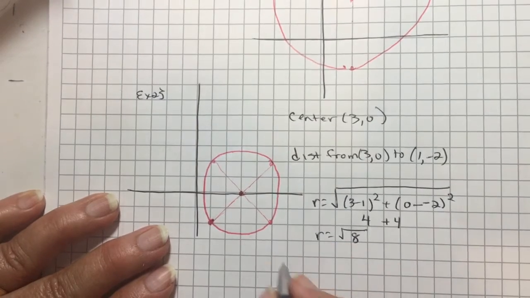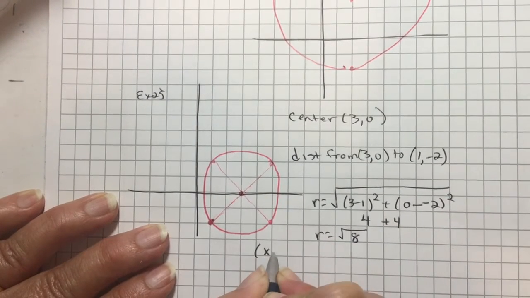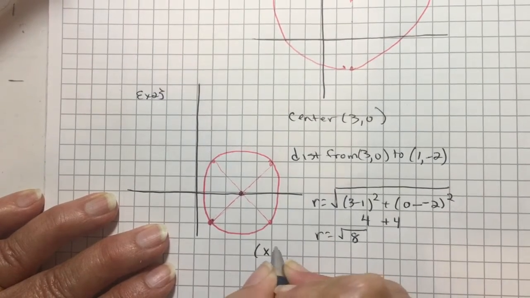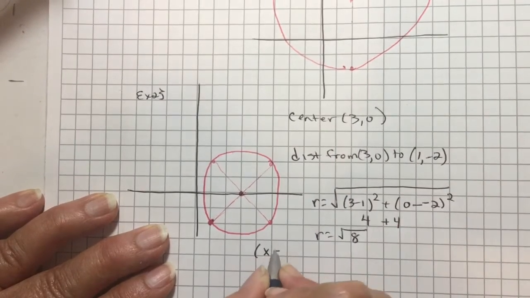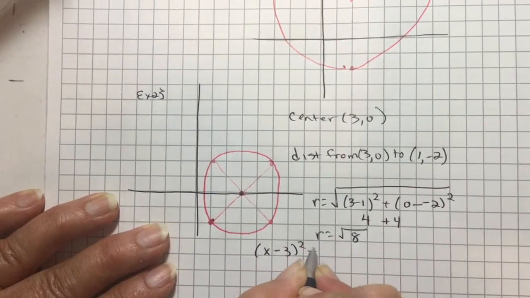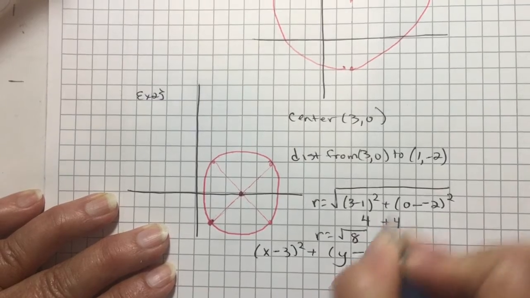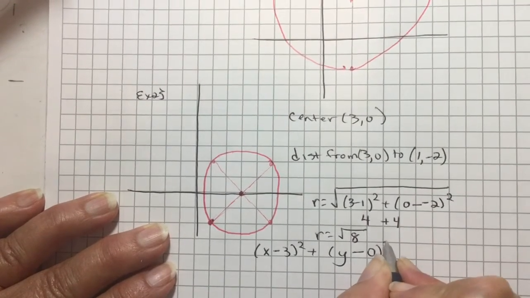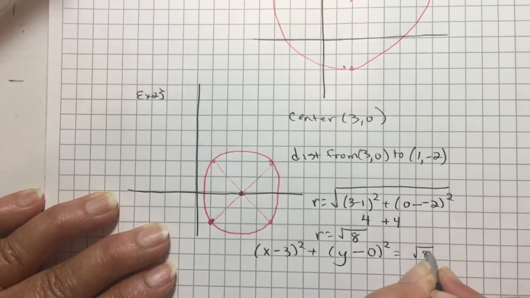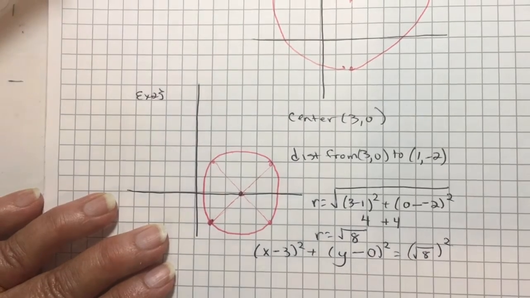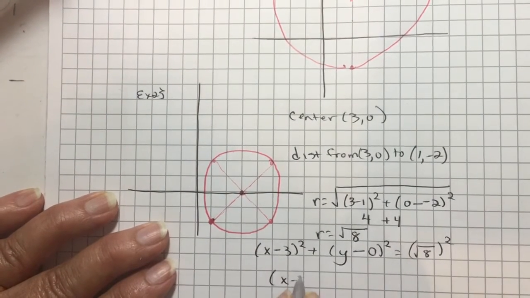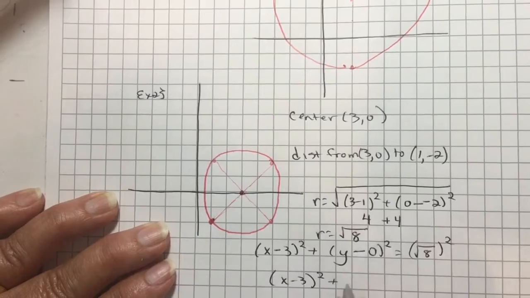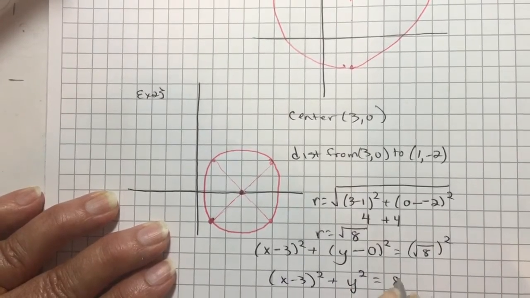So the equation would be, remember the h and k come from the center, (x − 3)², and then (y − 0)², and then the square root of 8 squared. Now, of course, we can simplify that to (x − 3)² + y² = 8.